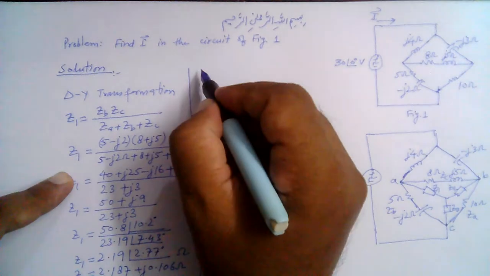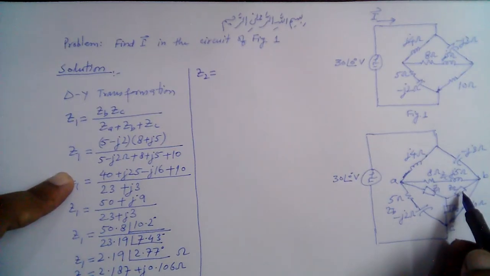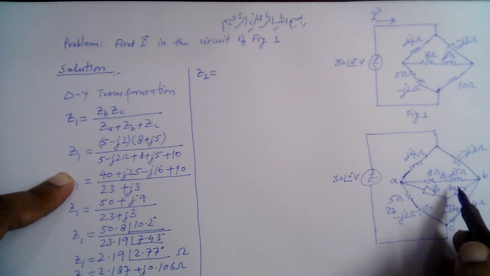Similarly, we can find Z2. This is Z2 here. So Z2 is equal to the product of the adjacent impedances divided by the sum of all the impedances in the delta combination.